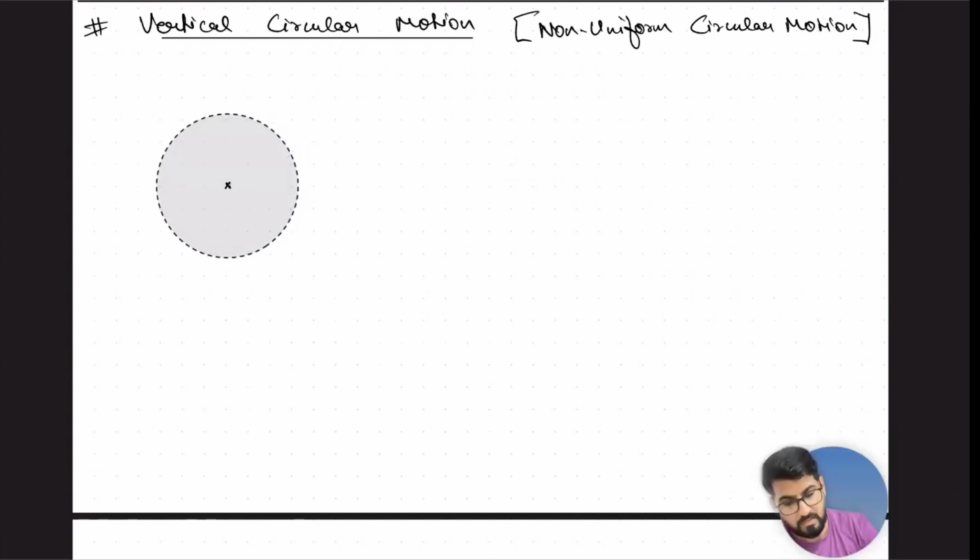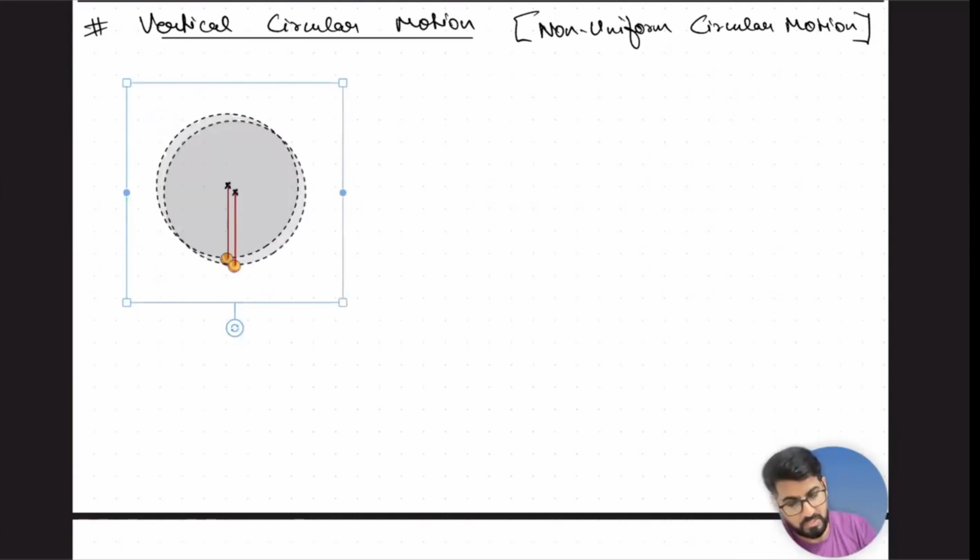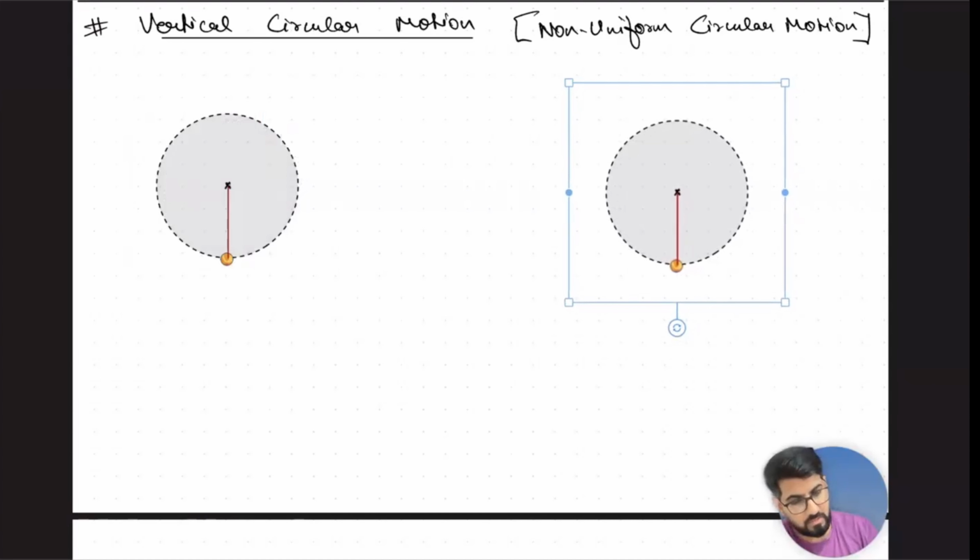Let us keep this as center here. And this object, there is a ball. Let me add a ball here. Let us say this ball is tied to a string. This is the one position at the bottommost, and let me take this object at the top position.